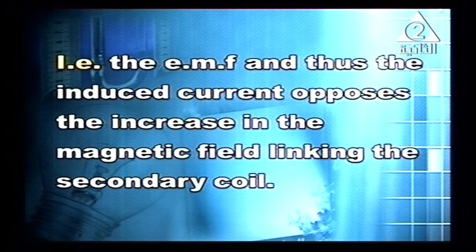That is to say, the EMF and thus the induced current opposes the increase in the magnetic field linking the secondary coil, because in the 3 cases there will be an increasing magnetic field linking with the secondary coil. And according to Lenz's rule, the current flows in a direction to oppose the change producing it. So it will oppose the increase in the magnetic flux. How? It will flow in a direction opposite to the current flowing in the primary circuit.